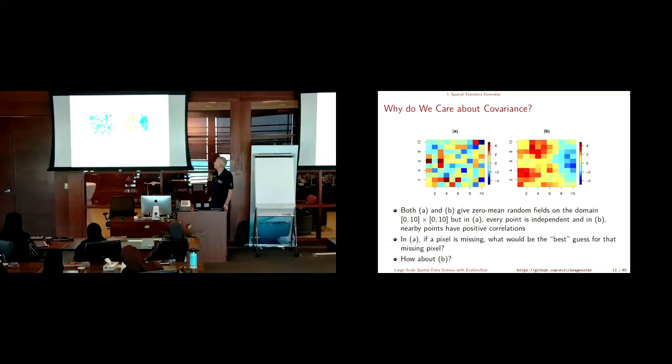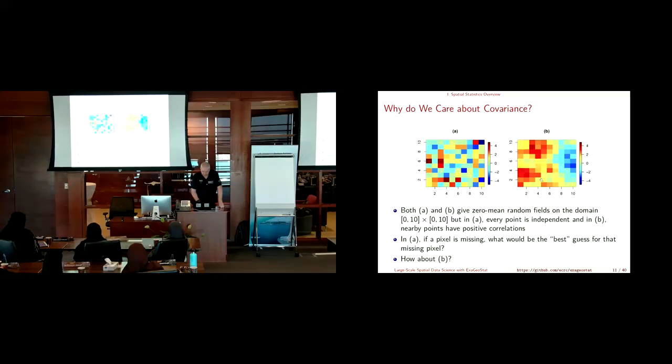So why do we care so much about the covariance? Here's an illustration for that. We have two data sets here, one in panel A and one in panel B. In panel A, in fact, every point is independent of any others. So there's no structure in the data.